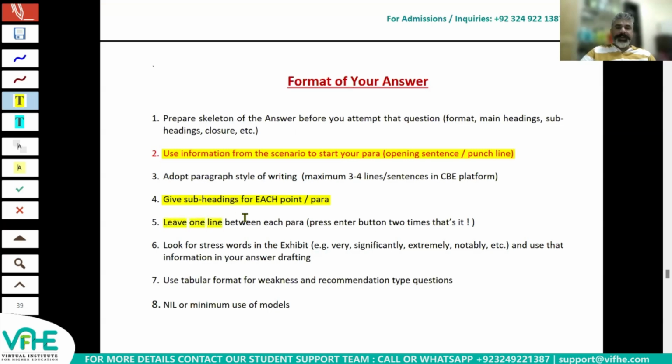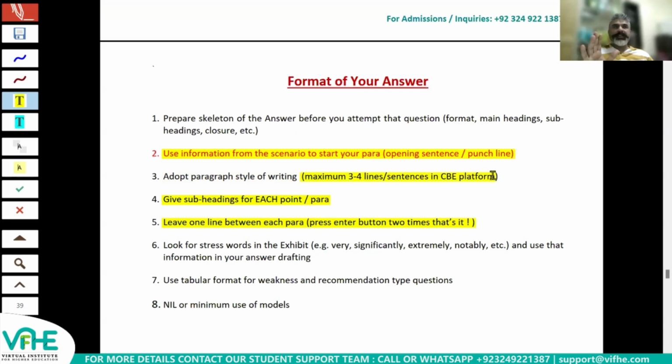Then you should leave 1 line between each point. It's very simple. Just press the enter button 2 times. That's it. What should be the length of your para?